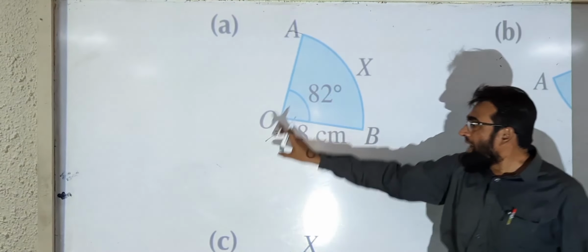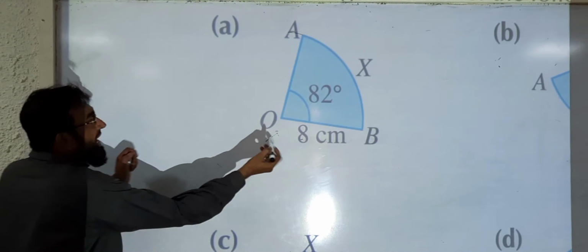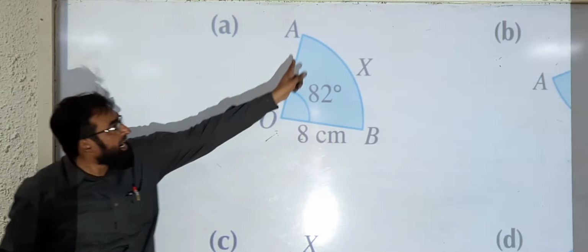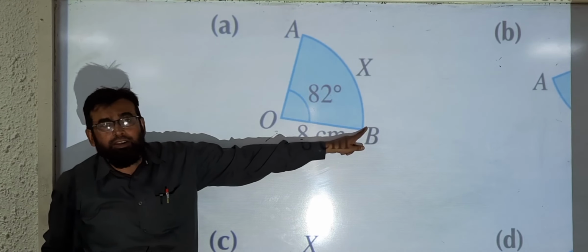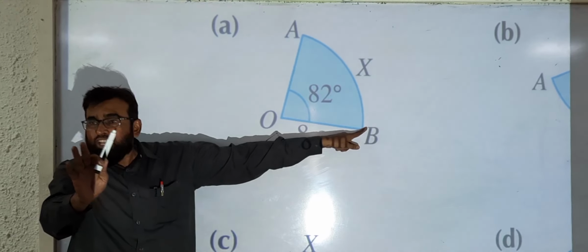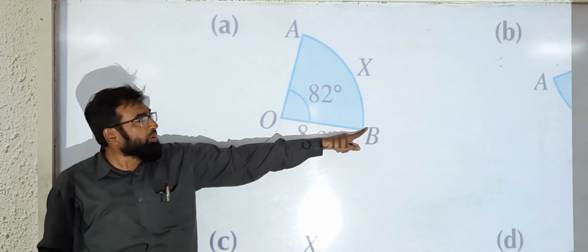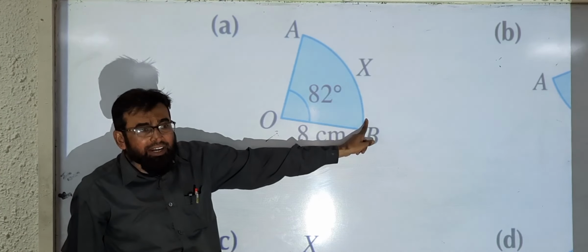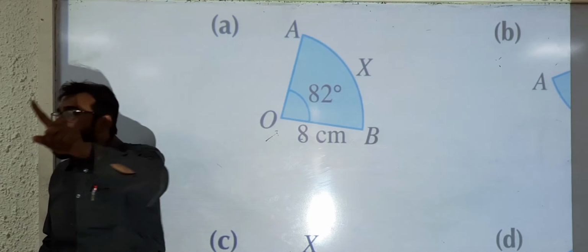Now how to apply the formula? I was telling you that the length of this arc means only this line. If I am talking about the length of arc, it means only this curved line. It is very important to understand. Please class, listen to me carefully. If the examiner is asking you to find out the length of arc, then only this curved line is included.